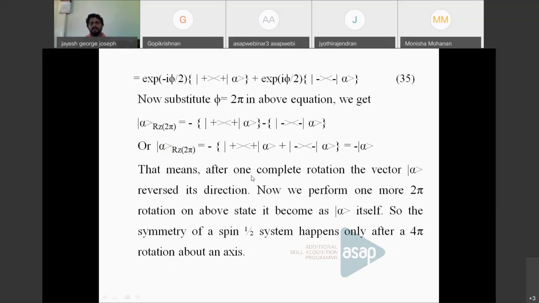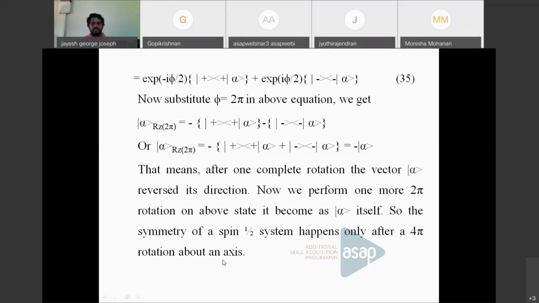That means after one complete rotation, the state vector alpha reverses its direction. Now we perform one more 2 pi rotation, and it becomes alpha itself. So the symmetry of the spin-half system returns only after a 4 pi rotation about the axis.